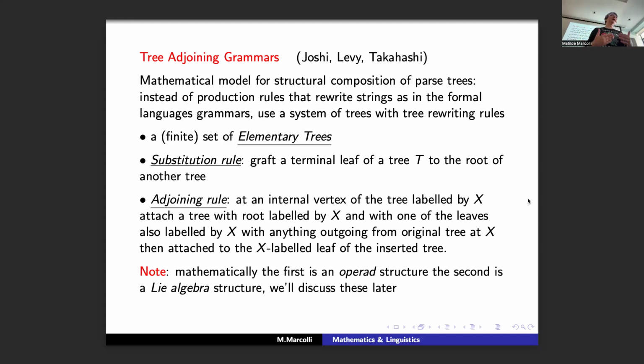For example, they can realize the cross-serial dependencies that I mentioned, which exist in Dutch and Swiss German. This strange substitution rule was supposed to account for things like that, where you have to twist the order in which things occur in the leaves, and you do that by this plugging in. This allows for some of this context sensitivity without going to an enormously large class of context sensitive grammars, which would be too difficult to control.